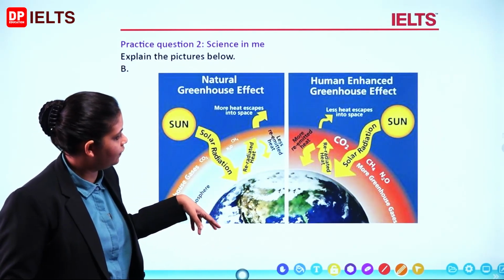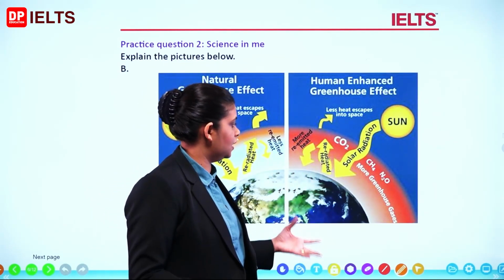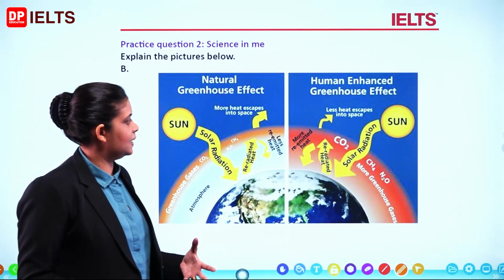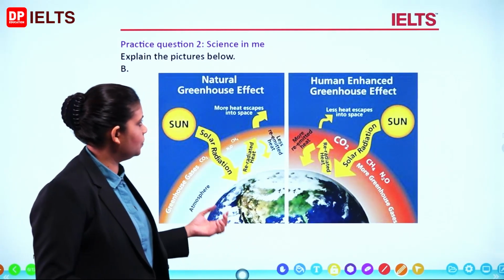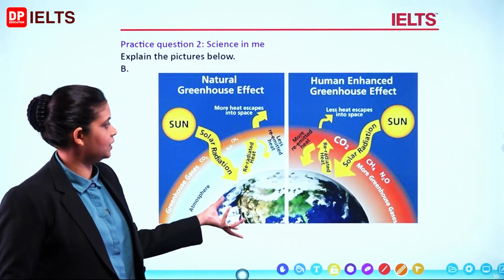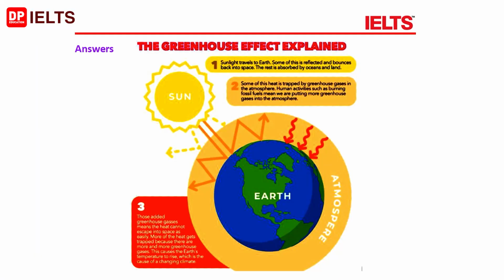You also have the sun with the solar radiation, but then we've got the carbon dioxide, nitrous oxide, right? And less heat escapes into space. So you have the natural greenhouse effect, the human enhanced greenhouse effect here, right? So you could explain it, right? I thought I'll just explain it a bit.